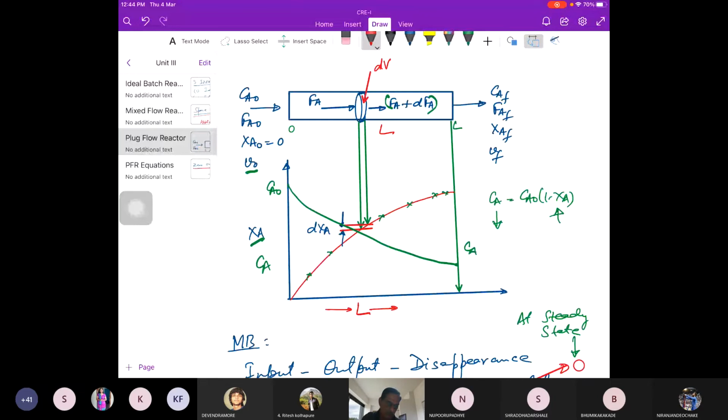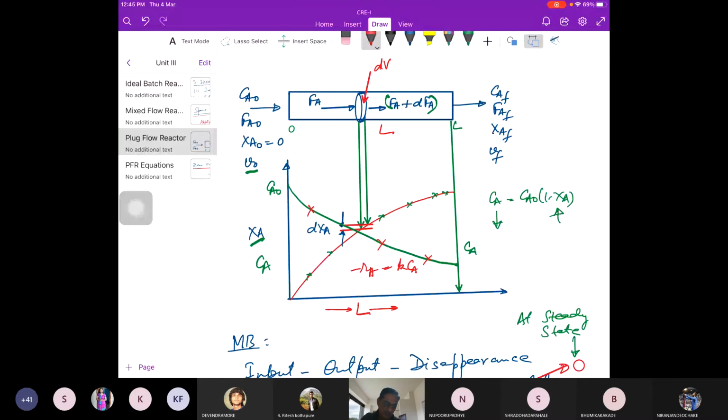So if you look at rate of reaction at any point, right? So minus Ra, suppose I take first order reaction, doesn't matter. So K into Ca. Right?